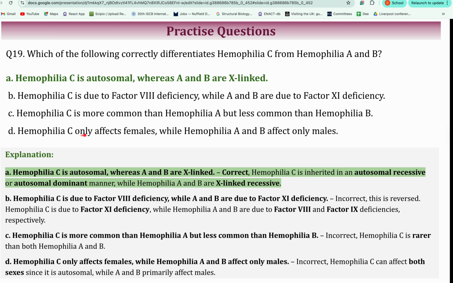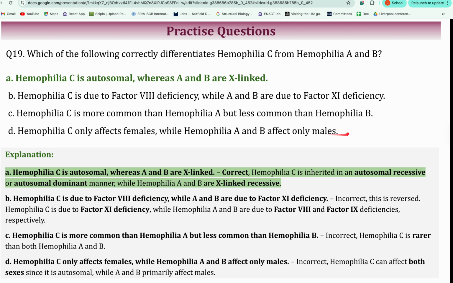Then it says it only affects females. So till now I have not seen any such defect which is only affecting the females, other than if it is X-linked dominant inheritance or if it is dominant autosomal inheritance, then only it can affect the females. Otherwise, how will it affect just the females?